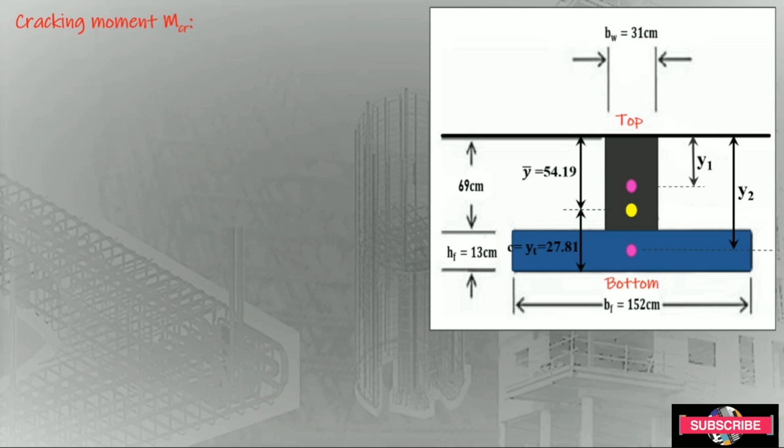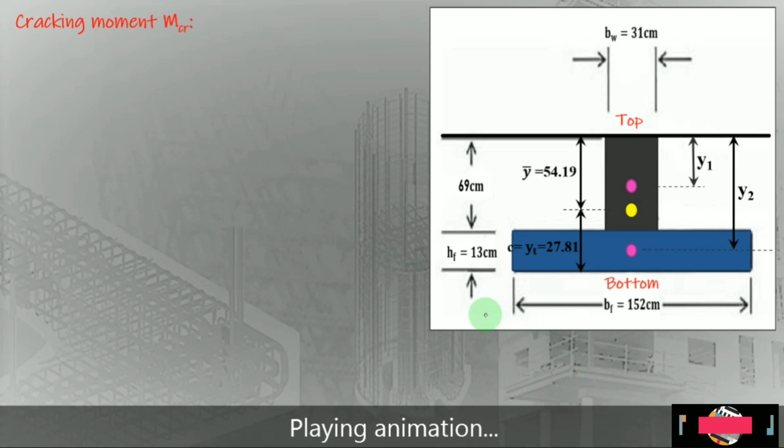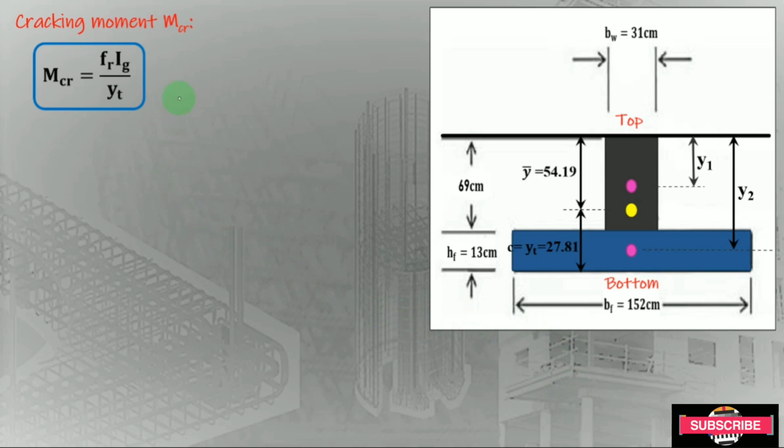From here we have this formula of FR times gross moment of area over Y subscript T, in which Y subscript T, as you can still remember from lecture video number 1, is the distance from the centroidal axis to the extreme fiber in tension.